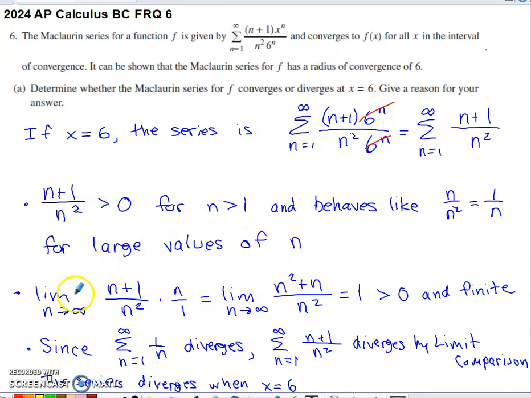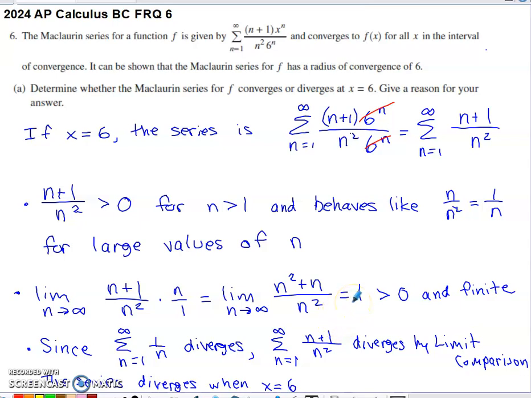Now, if you check the limit as n approaches infinity of the series that you are trying to determine convergence or divergence of, divided by the one you're comparing with, so I went straight to multiplying by the reciprocal rather than dividing this fraction by 1 over n, I can simplify that limit to this, and through either L'Hopital's rule or using the quicker strategy when you're approaching infinity, polynomial divided by a polynomial, divide all pieces by the highest power of the variable from the denominator, you should end up with a limit of 1.